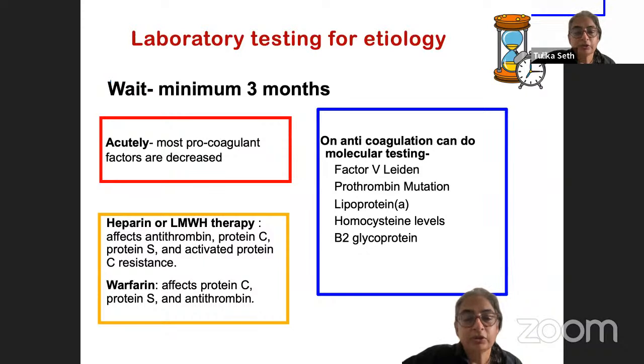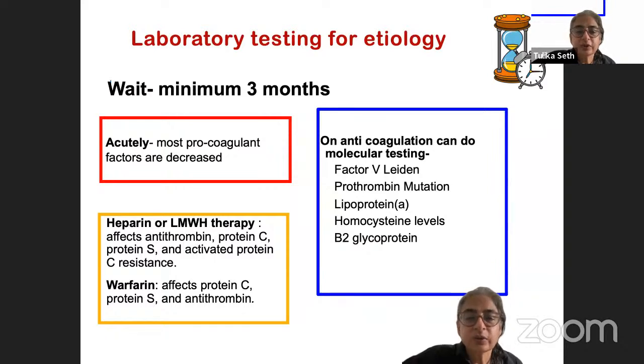That could be because the patient actually has low levels, or because they have been consumed in the acute thrombotic setting. So in an acute thrombosis, we do not usually test for protein C, protein S, and antithrombin III, unless, of course, you're thinking of a congenital deficiency of these factors.